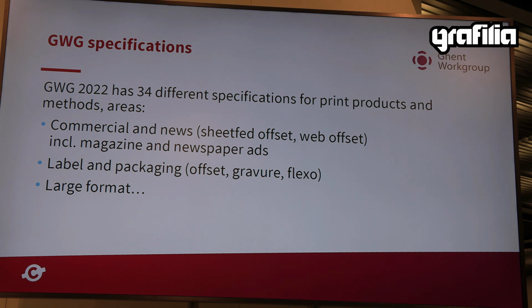But it's easy. It's kind of a table, and each column has a name, for instance packaging offset or packaging gravure, so it's easy to pick the values for your printing method: commercial, label, packaging, large format, just headlines with a smaller or more detailed specification each.